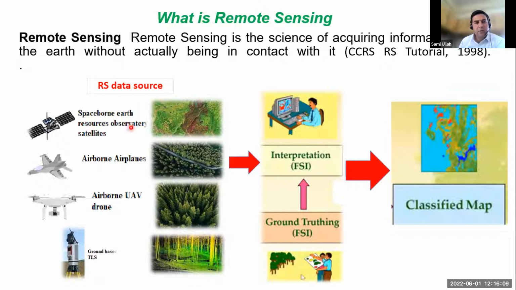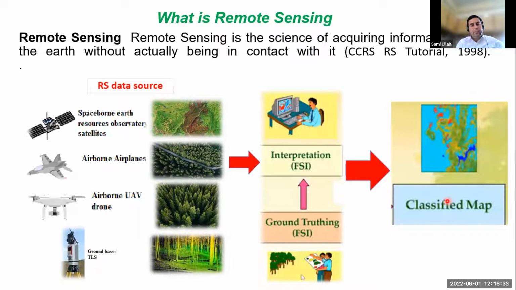So that's the general story of remote sensing: spaceborne satellites, airborne platforms, and ground-borne sensors. We get different data from remote sensing, put the data into GIS software using a computer, and finally get the classified maps, which are the end product.